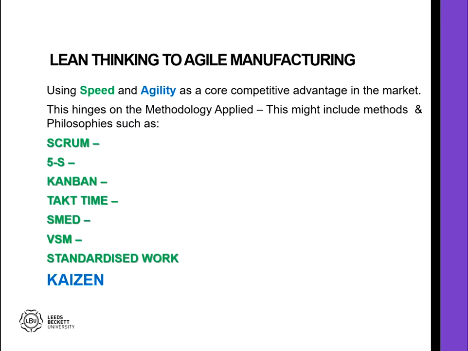Lean thinking to agile manufacturing is about speed and agility as a core competitive advantage in the marketplace. So if we can produce these things fast, but also change them quickly when we need to, then we can. This brings in things like Scrum, 5S, Kanban, takt time, single minute exchange of dies, value stream mapping, standardizing of work, which is sort of counterproductive to having multiple versions of the same product, and Kaizen.